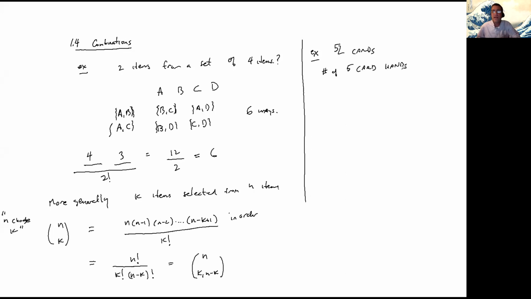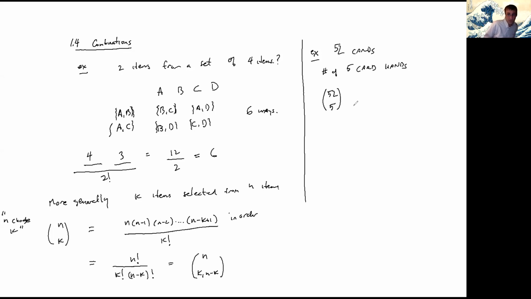When you deal out a hand, it doesn't matter the order of the cards. It just matters which 5 cards you have, but the order in which they're dealt to you does not matter. And so that's going to be a combination. There are 52 things, and I'm choosing 5 from the 52. And the answer is 52 choose 5.